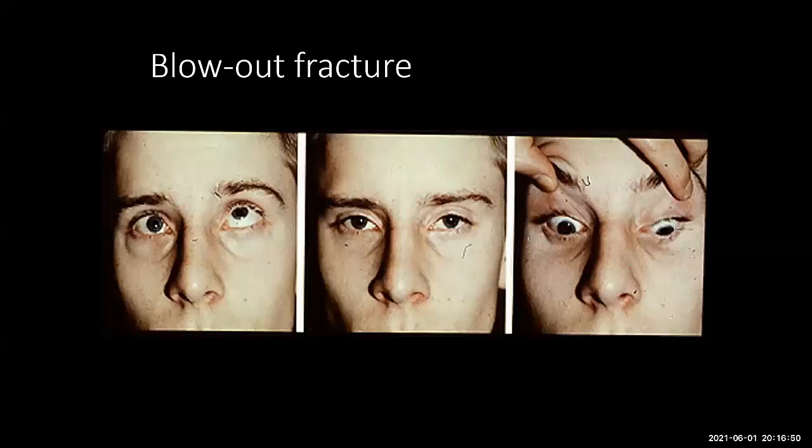And again, it's not moving down also if you look at the picture on the right-hand side. So it is very, very likely that this patient has a blowout fracture and entrapment of inferior muscles, namely inferior oblique and inferior rectus. So this kind of patient would have severe diplopia in straight gaze and down gaze, and we need to correct this problem surgically.